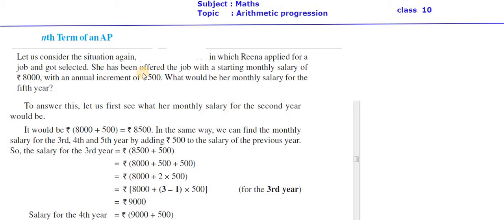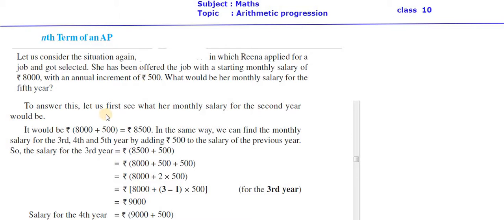What will be her monthly salary for the fifth year if the same thing goes on? We need to find that.